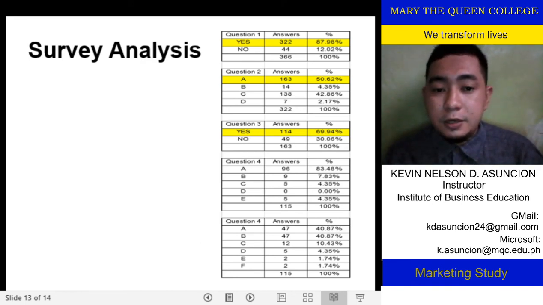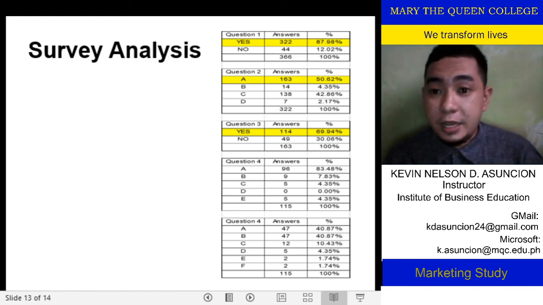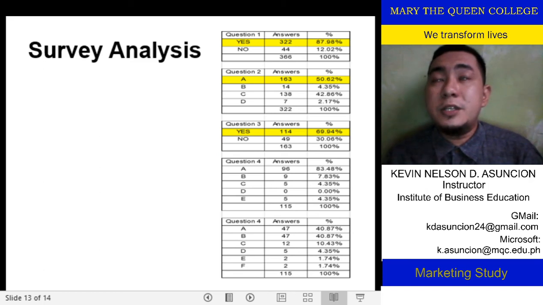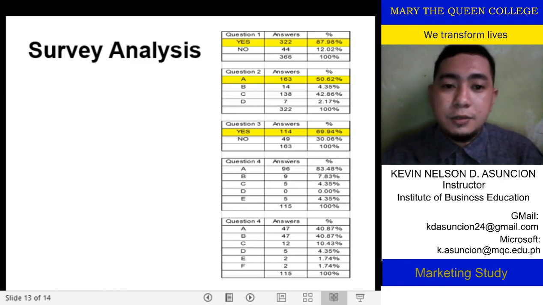Okay? And then the third question is, are they willing to avail of the services? Answered yes is 69.94. This means that some feel inconvenienced, but they don't want to avail of the service. Okay? So, look at this.